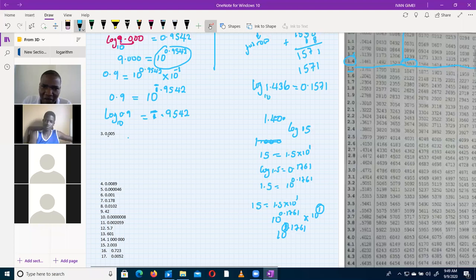So I first have to express this in standard form. 0.005 is equivalent to, can somebody tell me what this would be in standard form? 5 times 10 to the power negative 3.